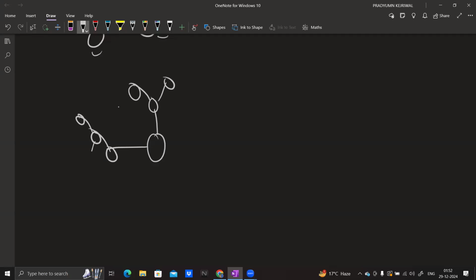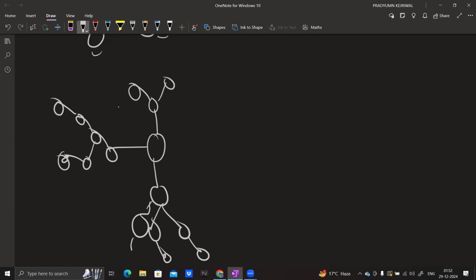So basically, let's say we fix a node. This is a node, and we have some subtrees surrounding this node, and we have this subtree.